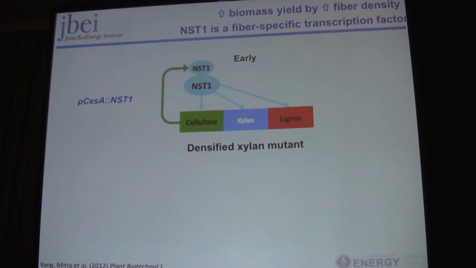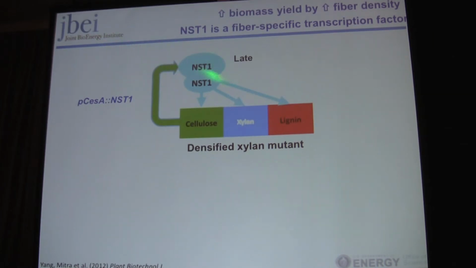Because the native function of NST1 is to activate transcription of these secondary cell wall genes, the construct will create an increase in the accumulation of NST1 transcription factor, which will in turn over-induce the expression of these secondary cell wall genes.